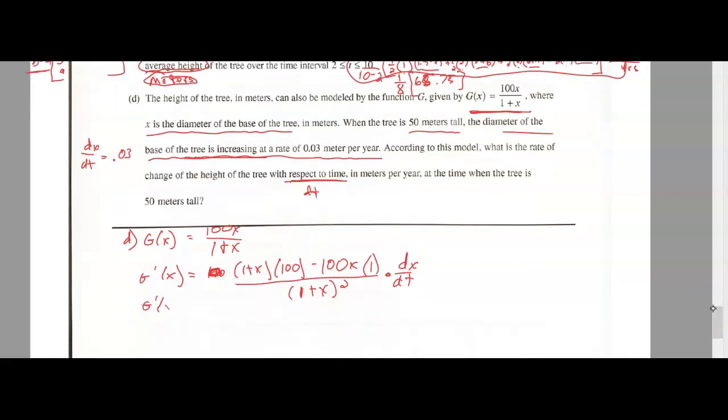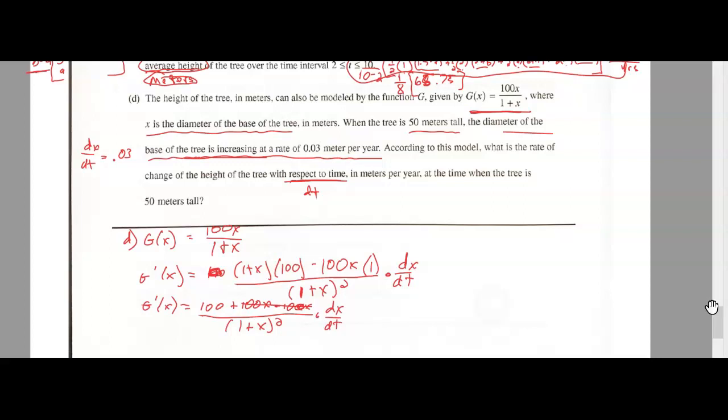And clean this up a little bit if we'd like. Some good stuff is going to happen here. If we distributed, you get 100 plus 100x, but then you would subtract the 100x, all divided by 1 plus x squared. So the 100x's are going to cancel, times your dx/dt.